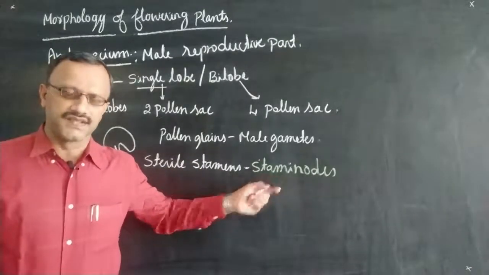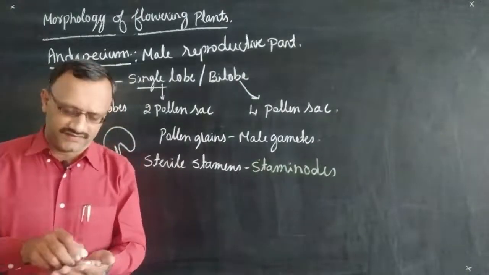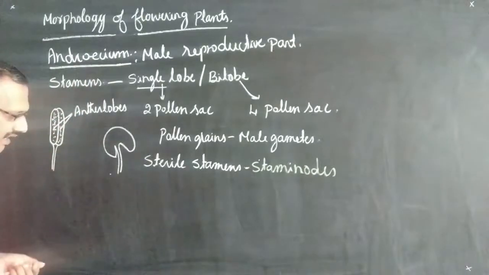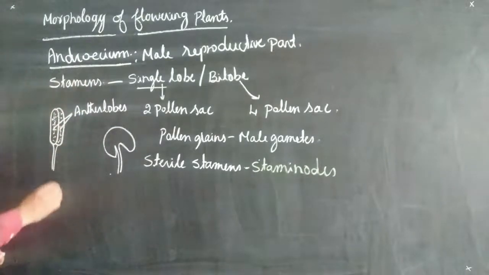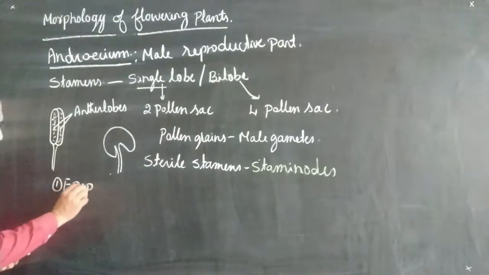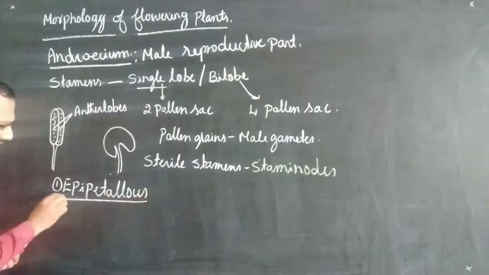The stamens show different conditions in different flowers. In some cases, the stamens are found in a condition called epipetalous condition.